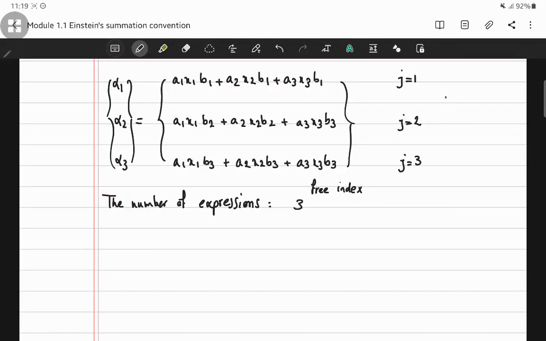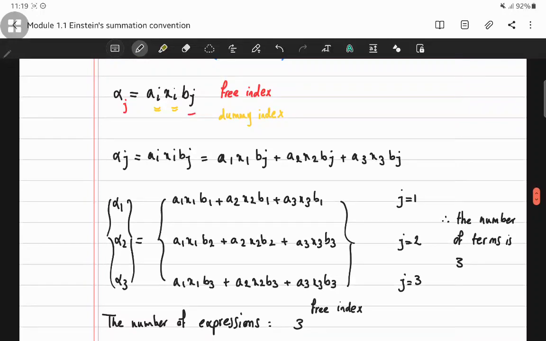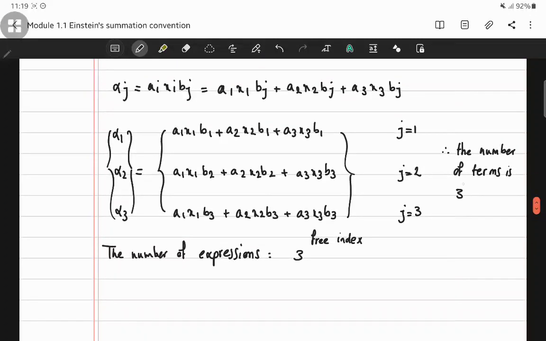Therefore, the number of terms: how many free indices do we have here? Only 1, it is j. 3 to the power of 1 is 3. So we have 3.